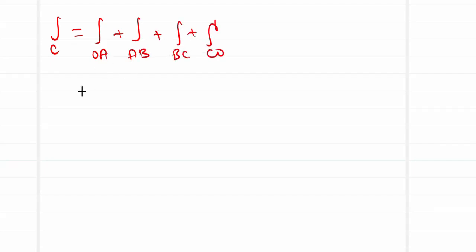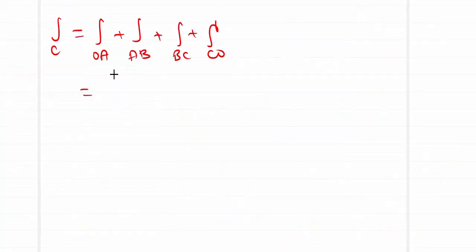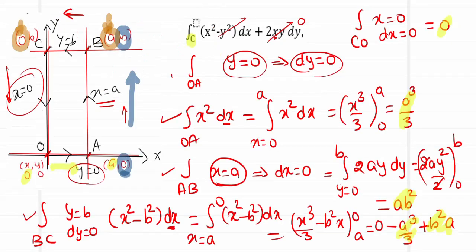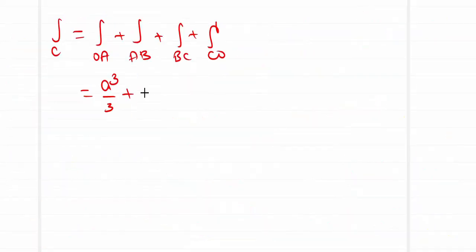So this will be equal to, along OA, a cube divided by 3. Along AB, I have ab square. For BC, it is going to be minus a cube by 3 plus ab square, and for the last part we have 0.